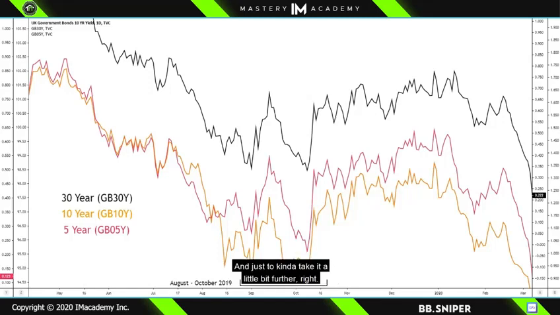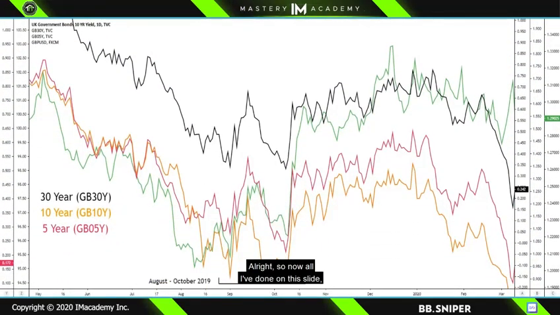And just to take it a little bit further, the British pound, cable, GBP USD, will follow these yields. All I've done on this slide is added the green line, which is GBP USD. So you can see how very similar all four of these lines are. GBP follows its yields.